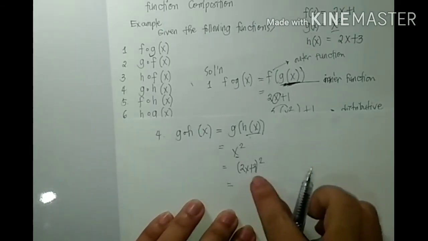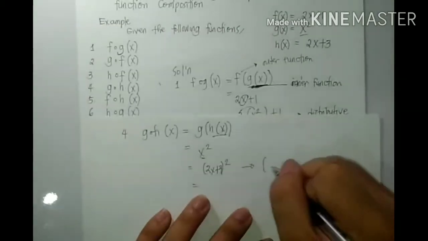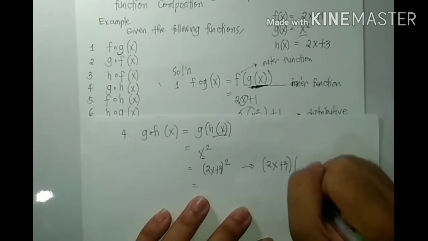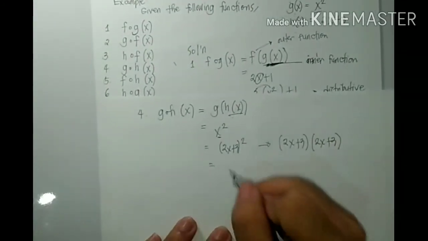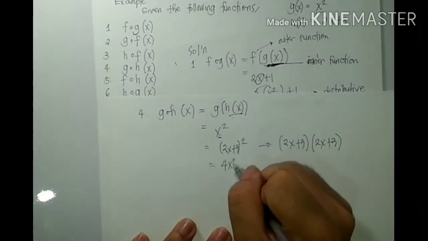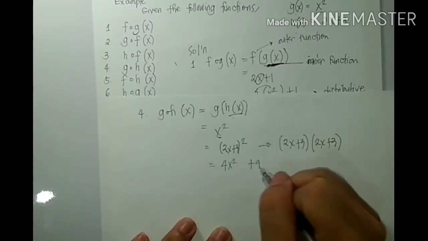And as we all know, 2x plus 3 can be written as a factor. Pwede natin i-factor out. So, 2x plus 3 times 2x plus 3. Okay, 2x times 2x, this is 4x squared. Then, 3 times 3, this is positive 9.